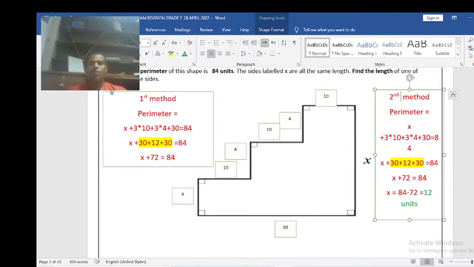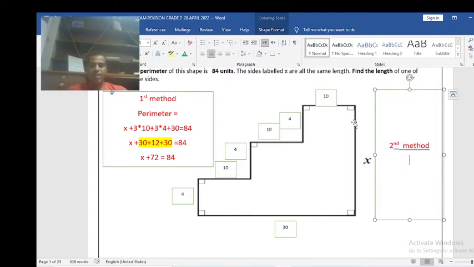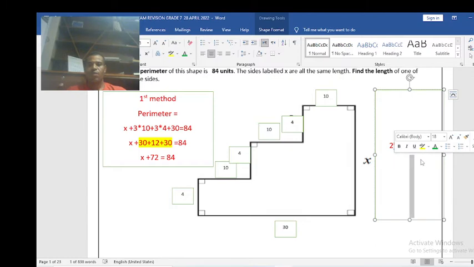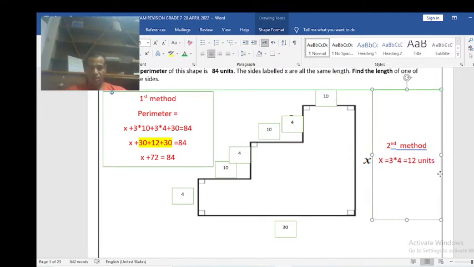First of all, you can see that this is X, this length is equal to 4 plus 4 plus 4, so the total is very clear for you: X should be equal to 3 times 4, which is equal to 12 units. So just scanning these two 2D shapes, it's clear now X equals 12.